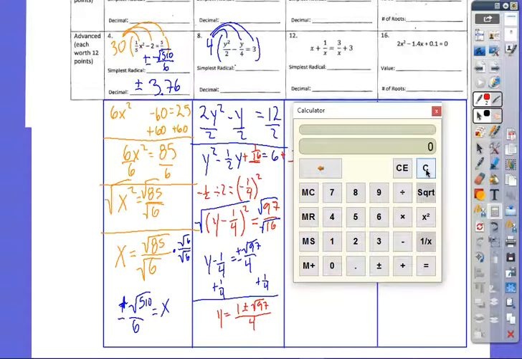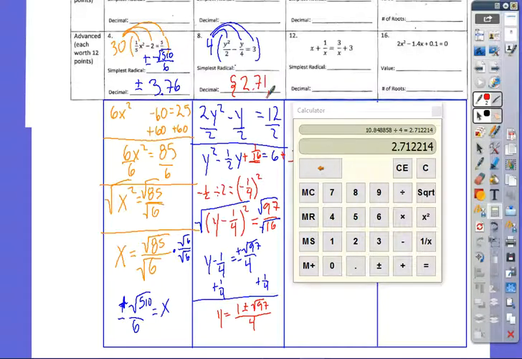Now, in terms of the decimal equivalent, we're going to have to take the square root of 97 and add it to 1, and then divide by 4. So one of my decimal equivalents will be 2.71.